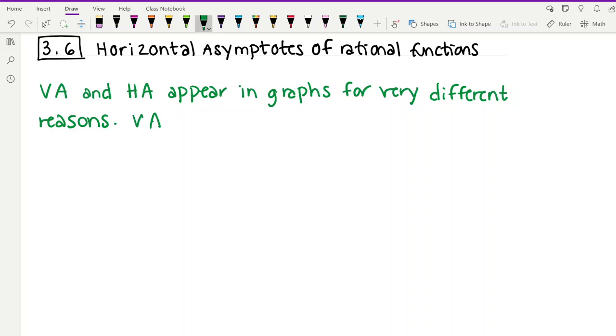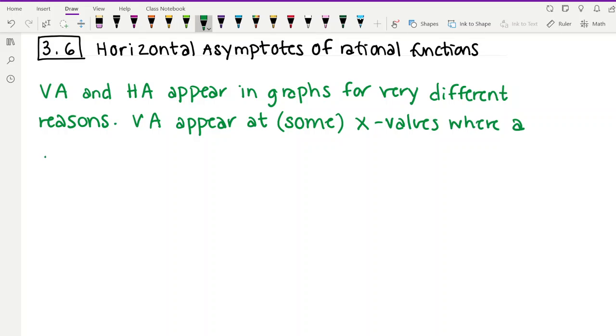So vertical asymptotes appear at some x values where a function is undefined. And I said some just because sometimes there are holes. But the important thing again is that vertical asymptotes have to do with the function being undefined.